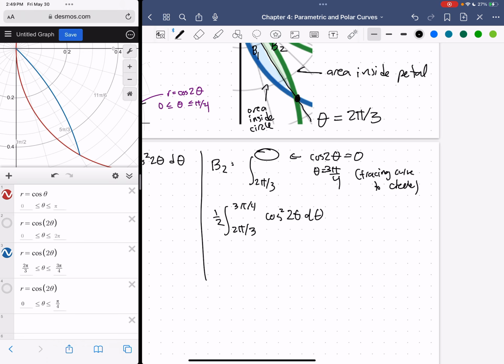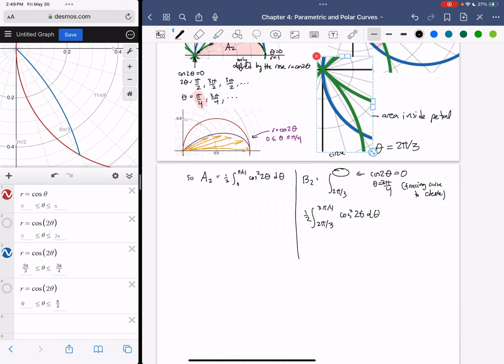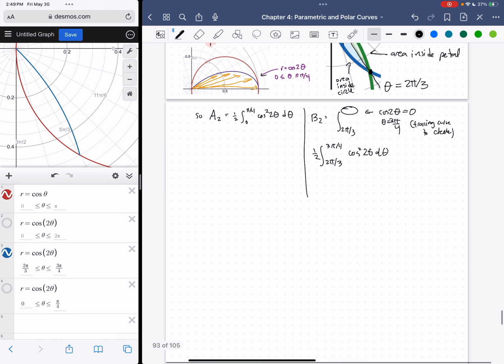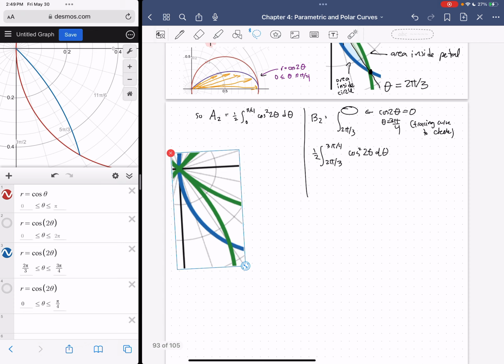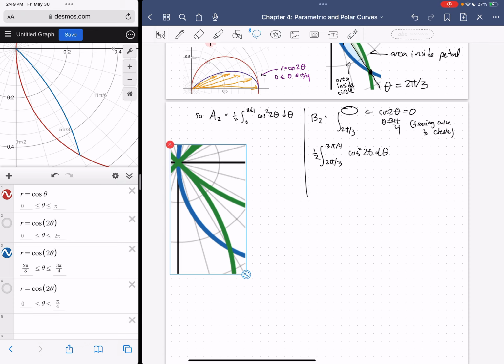Okay, cool. So that's our B2. But then for B1, you've got to figure out what that is. So this is our B1.